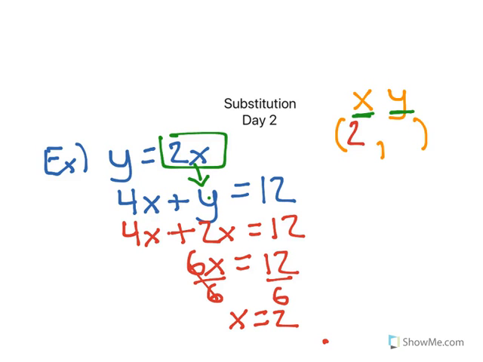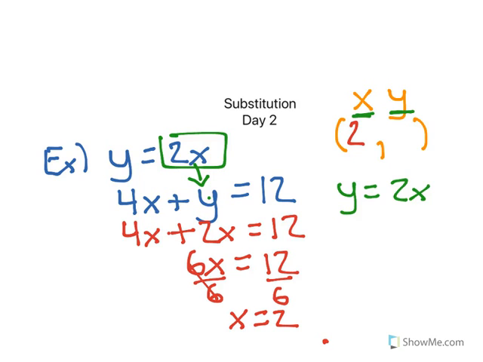Now, I'm almost done, but I do still need to figure out my y value. To figure out my y value, I can either go to my top equation or my bottom equation. I generally try to go with the one that's a little bit easier, a little bit shorter looking, like that top one here. You can see y is already by itself, and it says that y is equal to 2x.